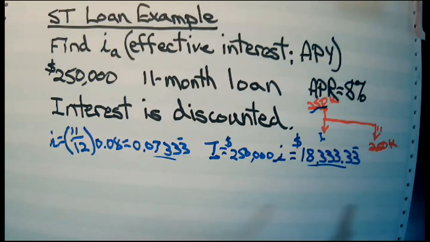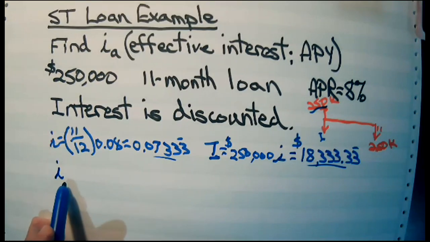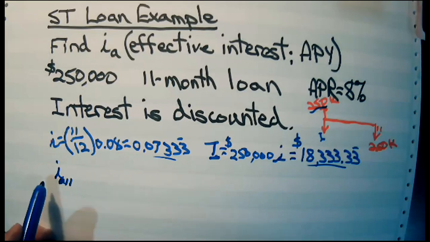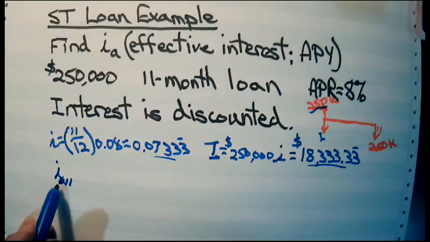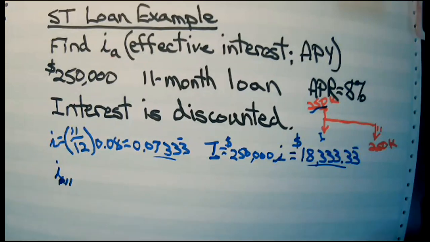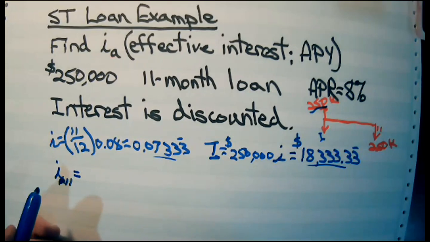Okay, now let's look at this IA for 11 months. I'm going to just say I11, but it's really, I don't know how to label that. Let's just call it I11, and know that it is the effective interest rate for those 11 periods. Remember what the formula was for that.